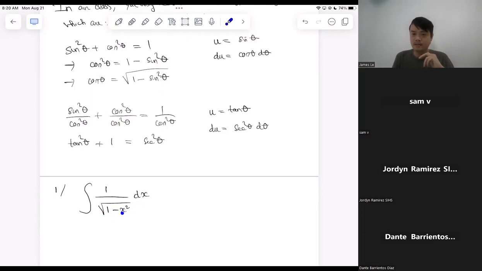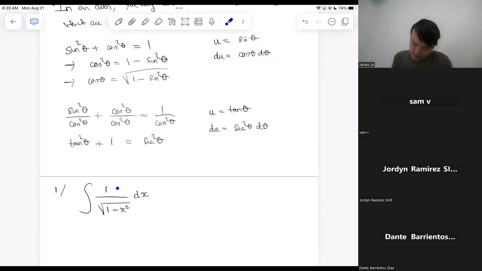And dx is just cosine theta d theta. So you have cosine theta divided by cosine theta, you cancel out, and the integral just becomes d theta. That is the idea.